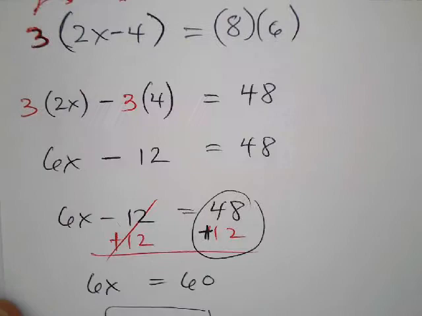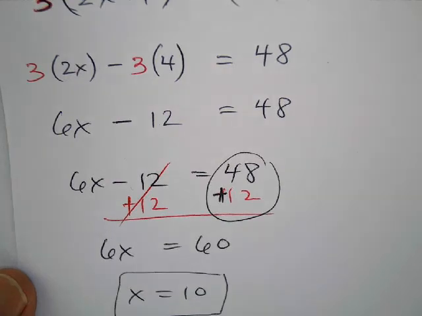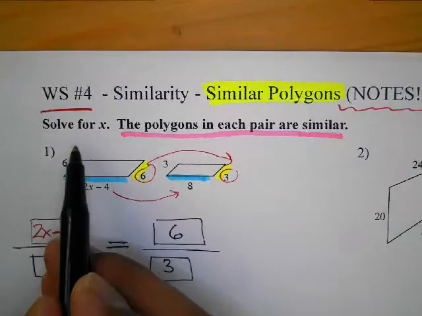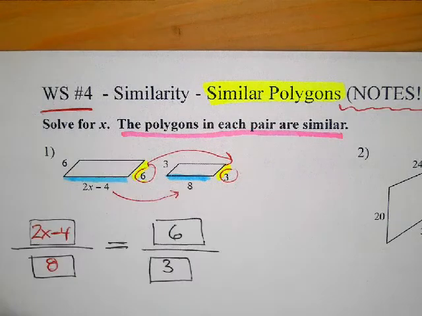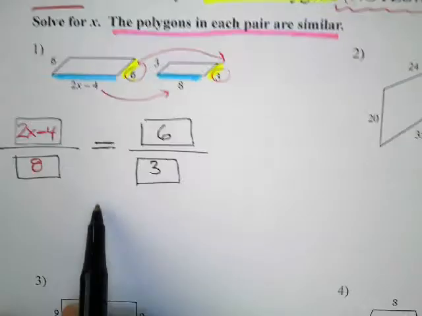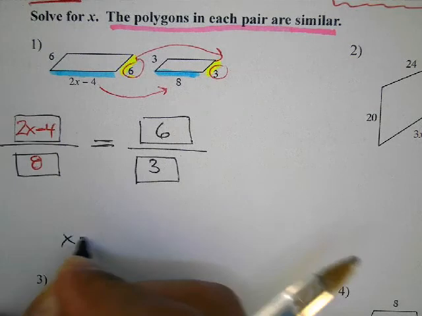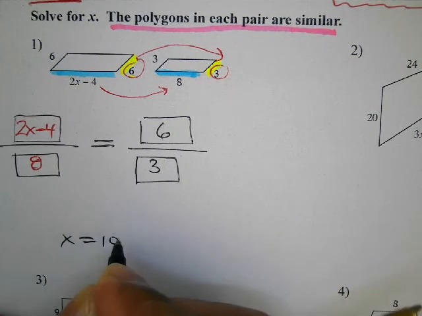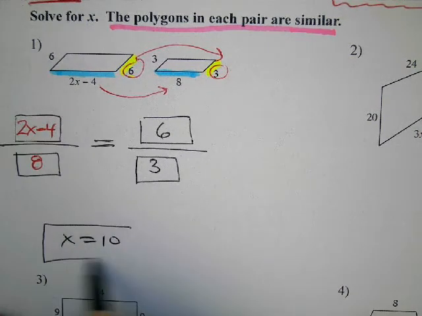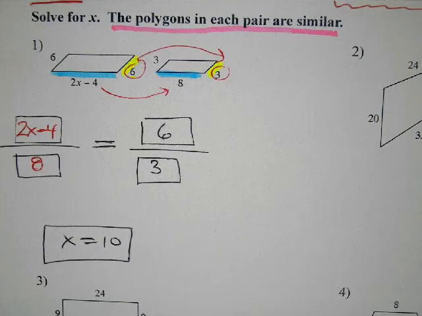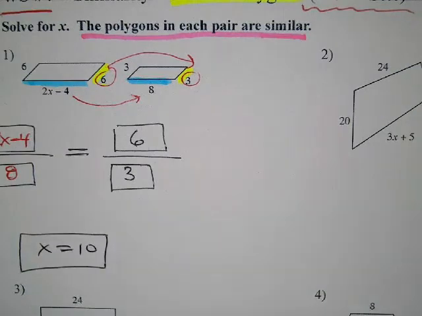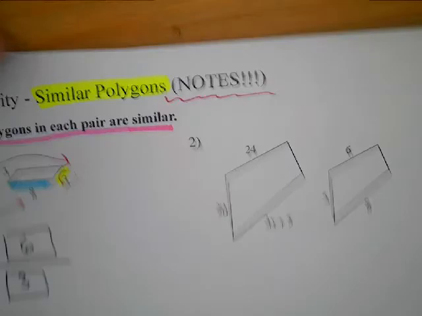That's the value of x. That's what they want, they just want you to solve for x. So the answer is x equals 10 for this one. Let's go back. It just says solve for x. The answer for number 1 is x equals 10. As far as how to do this, it's very similar to the previous assignment. Okay, let's move on. Number 2.